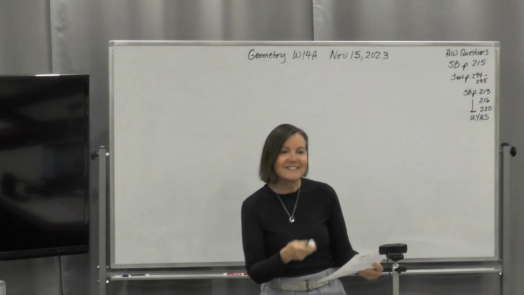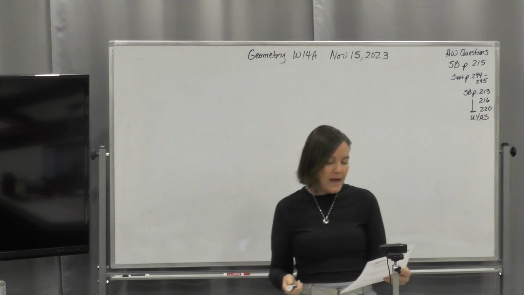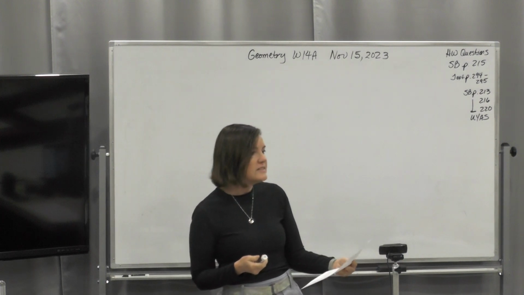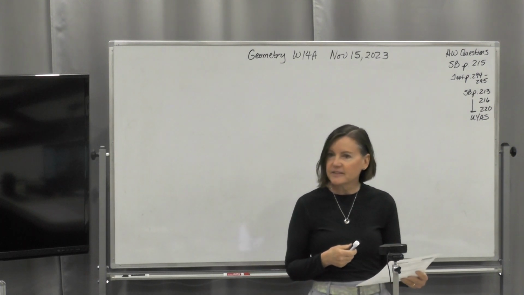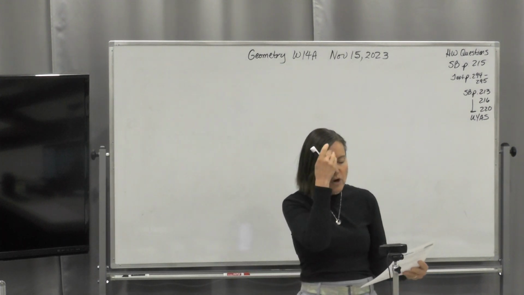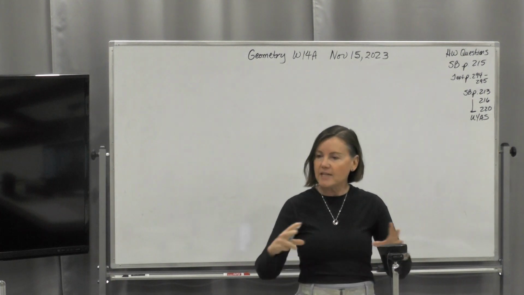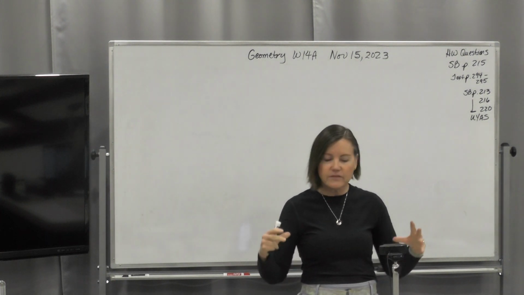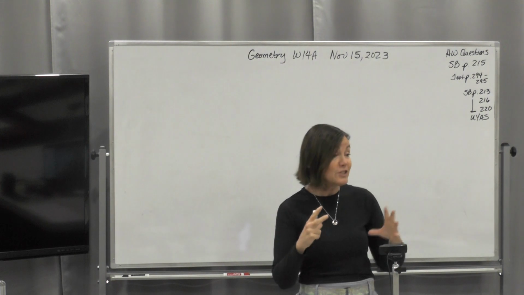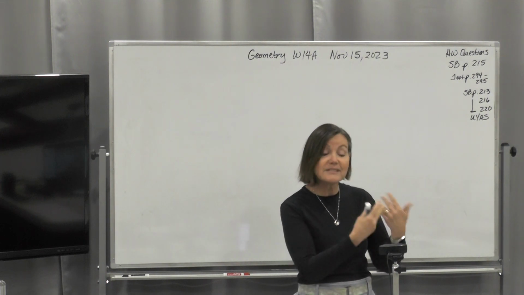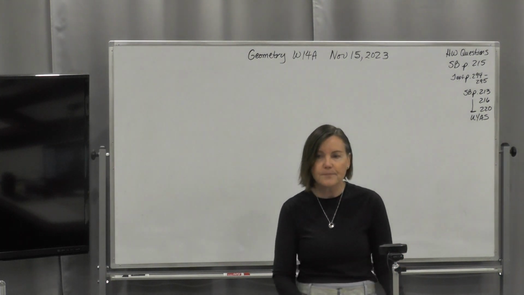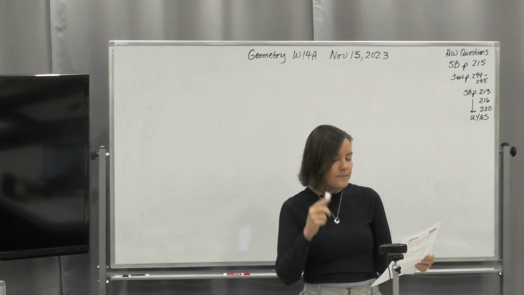We're on 215. Are the diagonals perpendicular? No. Do you notice that they draw these figures a bit exaggerated so it's easier to see? The closer you get to a square, the harder it is to see the properties, right? Do they bisect each other?